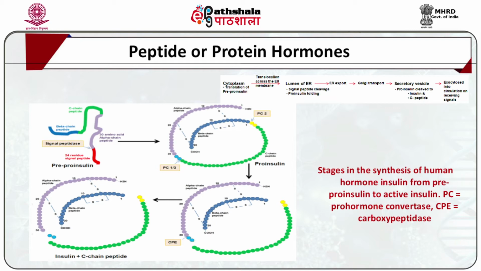Translation of pre-proinsulin occurs in the cytosol, followed by translocation of pre-proinsulin across the endoplasmic reticulum membrane into the lumen of the endoplasmic reticulum, where the signal peptide is cleaved and folding of the proinsulin occurs.